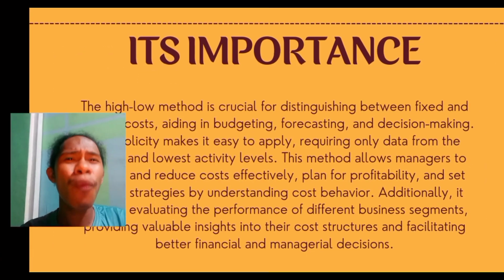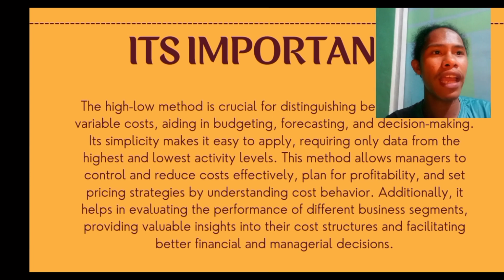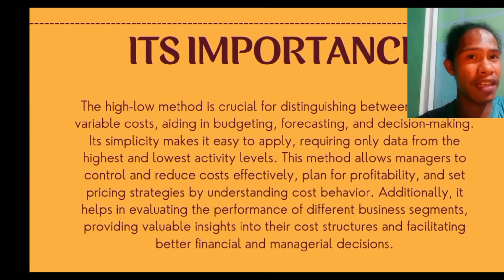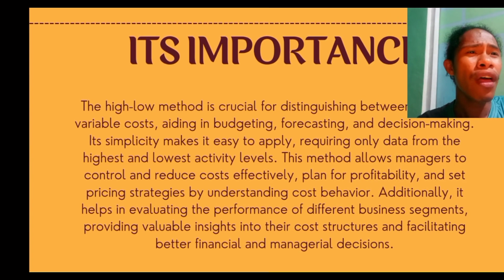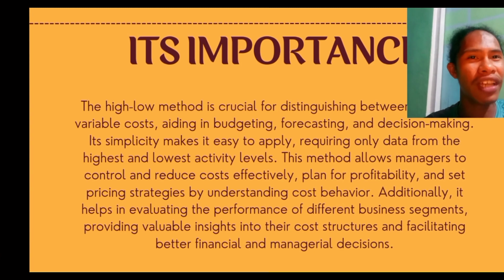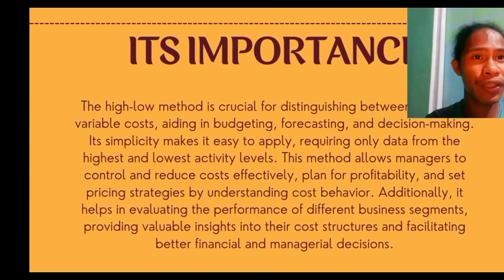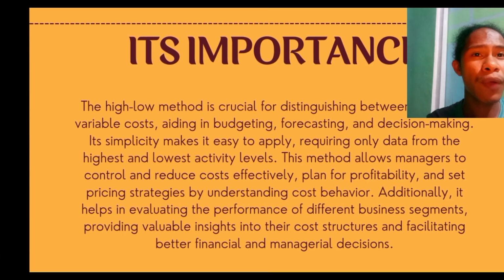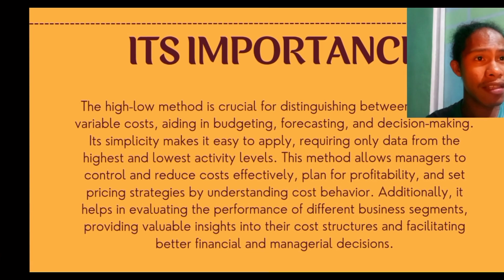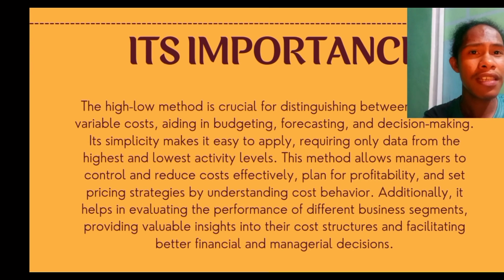So why is it important in a business to know its fixed cost or to know more about the high and low method? So the high and low method is crucial for distinguishing between fixed costs and variable costs, and also it aids in budgeting, forecasting, and decision making. Its simplicity makes it easy to apply, requiring only data from the highest and lowest activity levels.